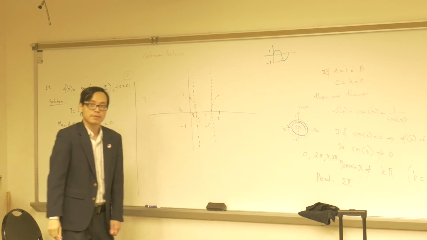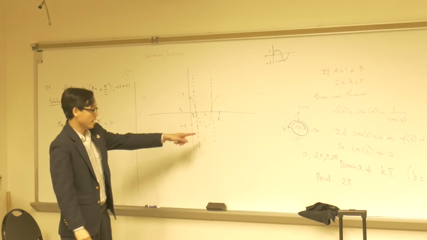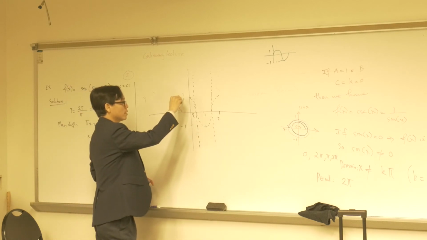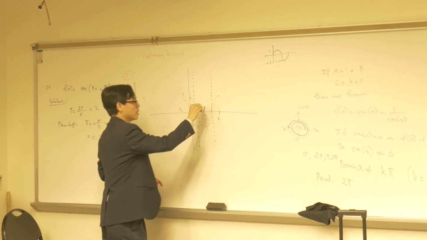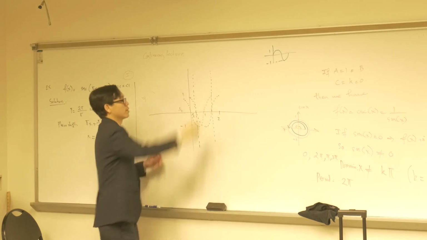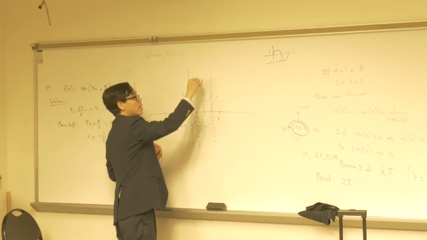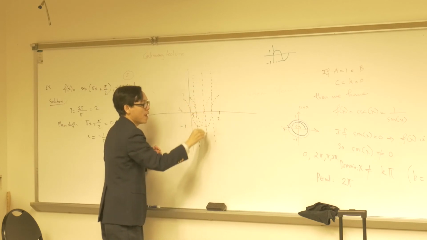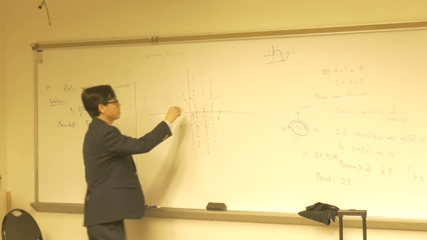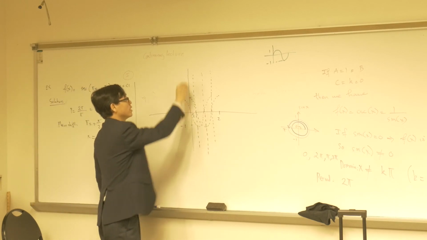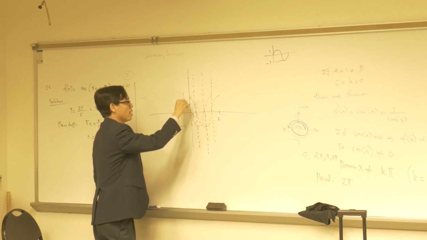You see that the vertical asymptote is not at this line anymore. It's somewhere else. Because when you move the graph, you have to move the vertical asymptote along. You have to move everything. So the vertical asymptote here will be right on the y-axis.